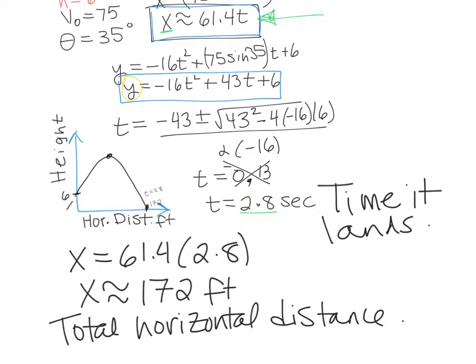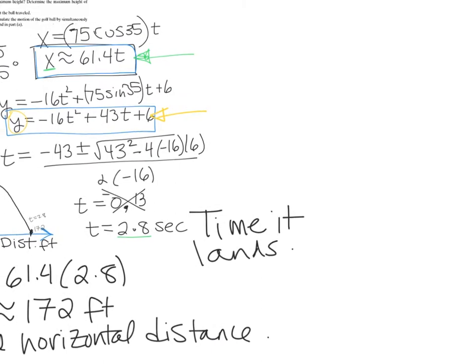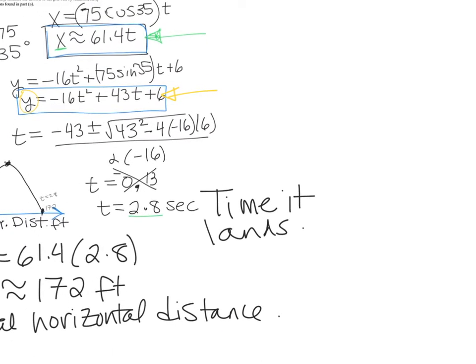Okay, and the next thing is to think about our vertex here. And so the maximum height, that would be looking at the vertex of that y equation. Okay, so the vertex formula is negative b over 2a. So the time that it hits its vertex would be negative b, which is negative 43, over 2a, negative 16.